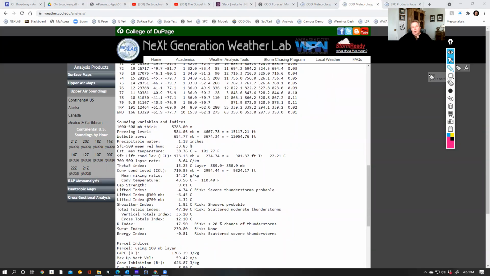There is your lifted index. There is your Showalter index. There are your vertical and cross totals, and there's your total totals. There's your K, there's your sweat index. So go ahead and calculate them to make sure you know how to do this. Then in class, we can discuss it. You've got the answers right here. You can always go back to the video.